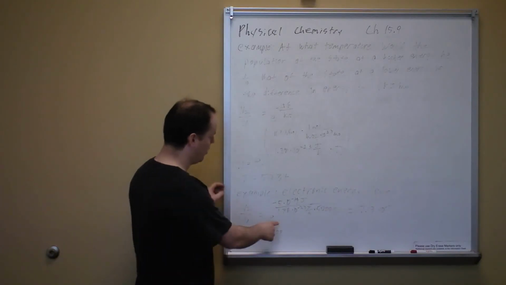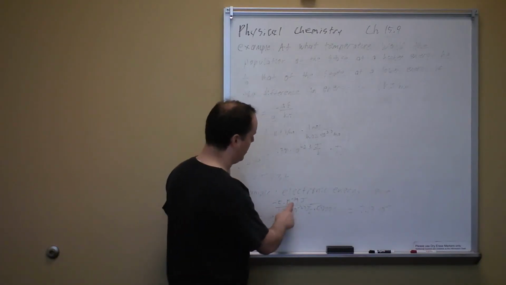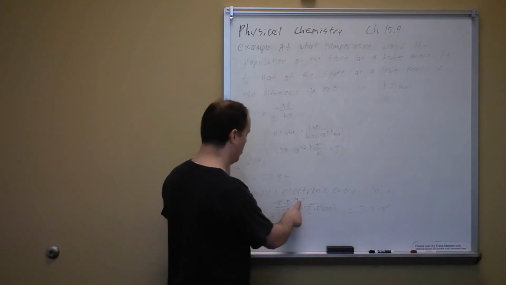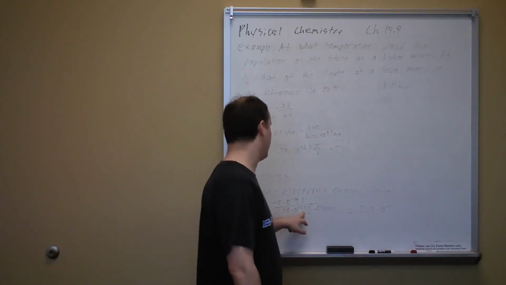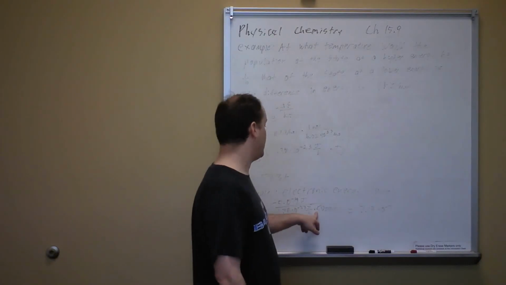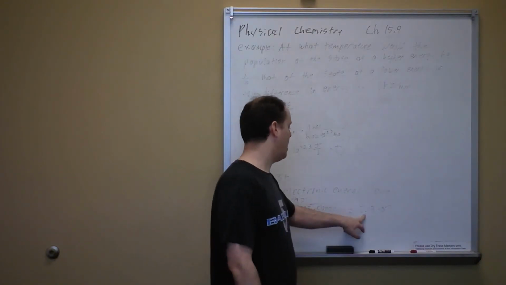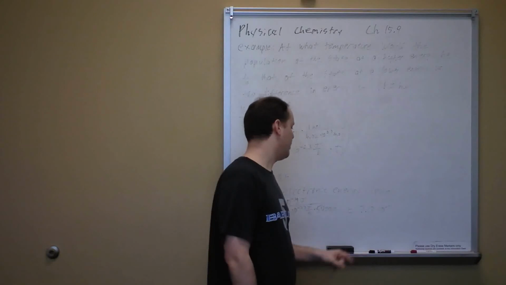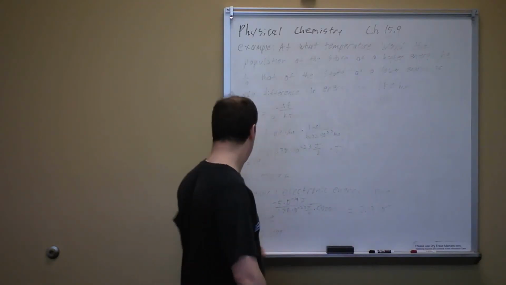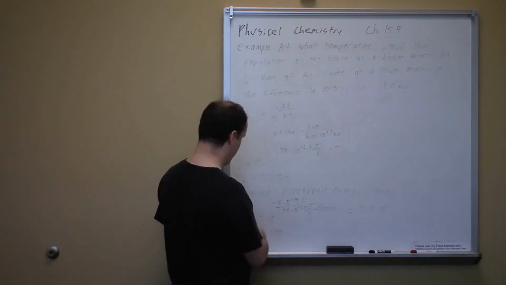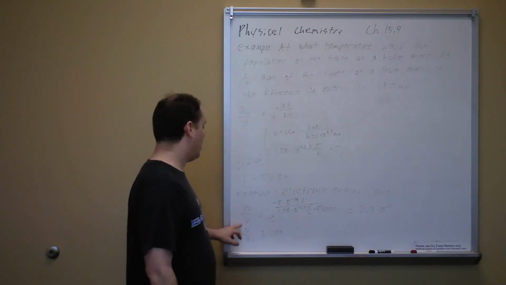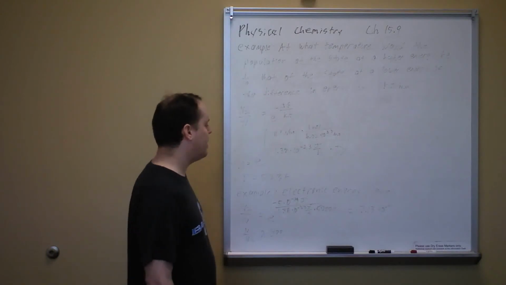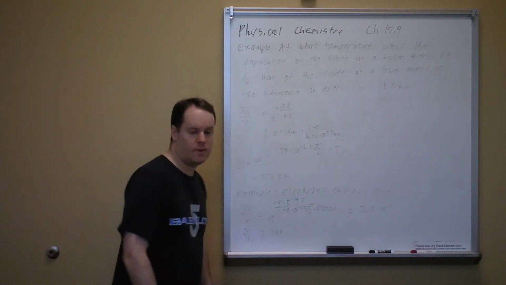N2 over N1 is equal to e to the minus 5 times 10 to the minus 19 joules divided by the Boltzmann constant, 1.38 times 10 to the minus 23rd joules per Kelvin, times temperature. And even at 5,000 kelvins, it works out to a really small number. So basically what that's saying is that of all the molecules, if you have about 1,400 of them, just one will be in the higher energy state.